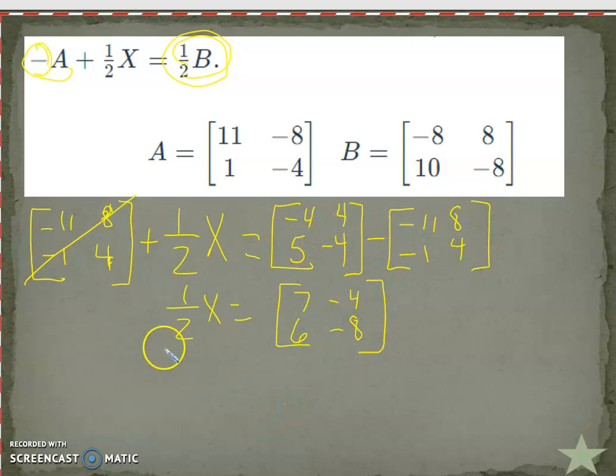Okay? And then, if we're multiplying by a half here, we could multiply by the reciprocal to get rid of the half. So we can multiply by 2. And our final matrix X would just be this times 2. Okay?